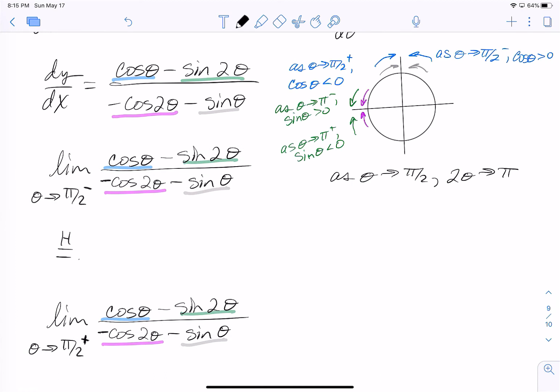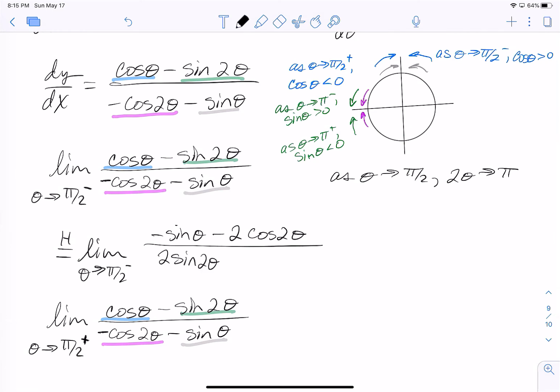Using L'Hopital's rule, we end up with the limit as theta approaches pi over 2 from the minus side of the negative sine of theta minus 2 times the cosine of 2 theta for the numerator, and then 2 times the sine of 2 theta minus the cosine of theta for the denominator.